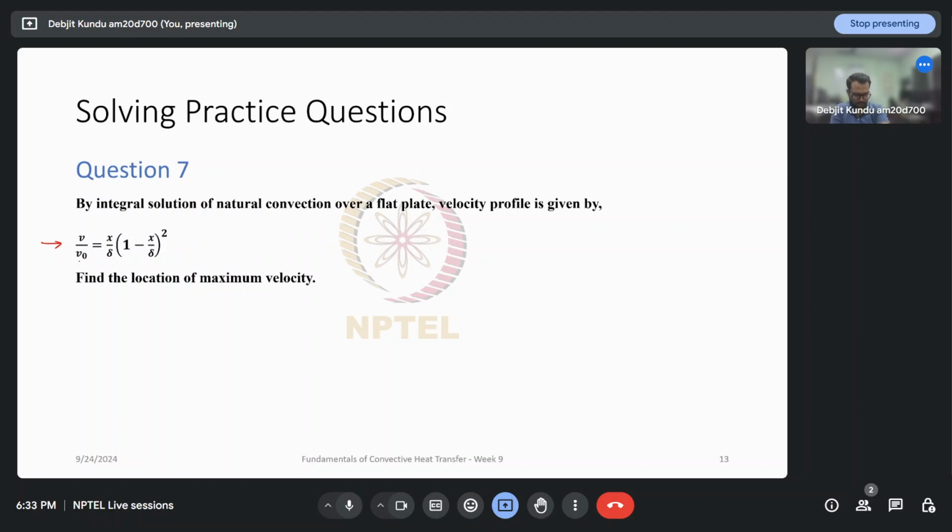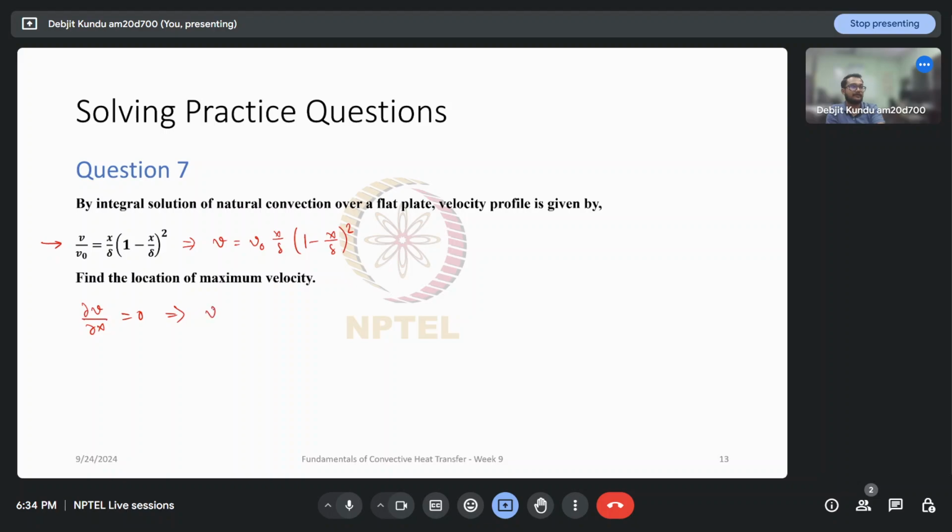So for maximum, you simply have to take the derivative of that to be 0. So v equals v naught into x by delta into 1 minus x by delta squared. For maximum, I have to set dou v dou x equal to 0.